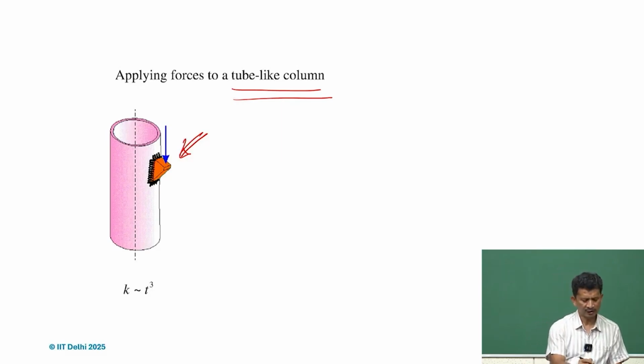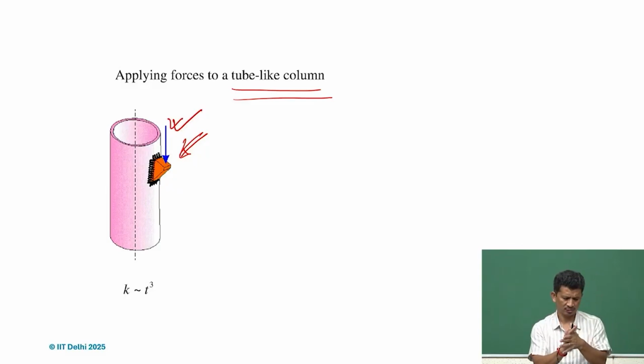What we realize is that the moment you have this kind of force supported on this, it is trying to pierce through the surface. And we realize that the stiffness here is of the order of t to the power three. So it's a very thin tube, and normal to the surface, it's not stiff.